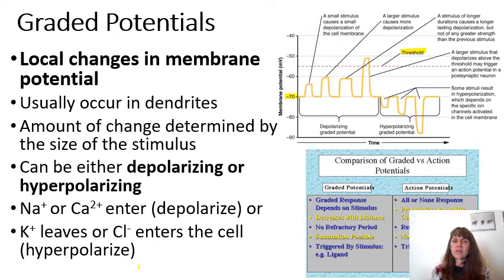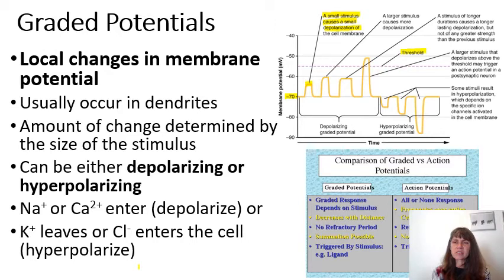When local changes in membrane potential occur due to small stimuli, that will cause a small depolarization in that locality on the cell membrane that over time will simply disappear due to the sodium-potassium pumps reestablishing resting membrane potential. This stimulus simply wasn't strong enough to take the membrane to threshold.